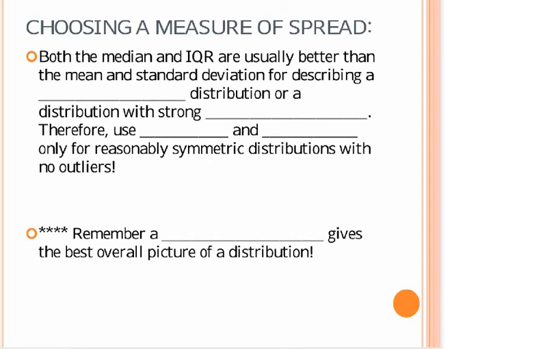Both the median and the IQR are usually better than the mean and standard deviation for describing a skewed distribution, or a distribution with strong outliers. Therefore, we want to use the mean and standard deviation only when we have reasonably symmetric distributions with no outliers.